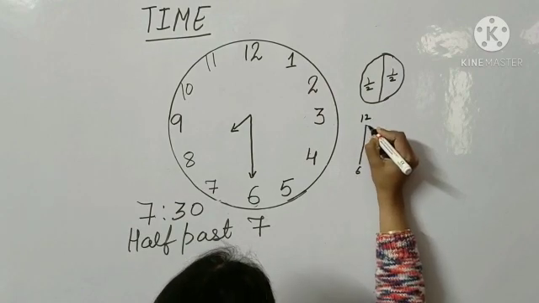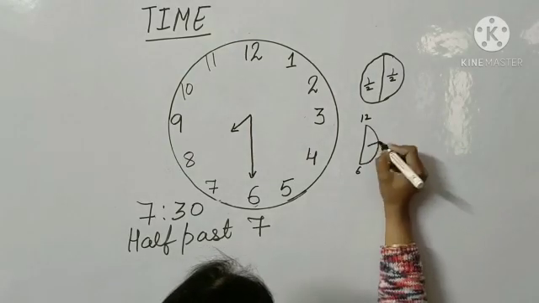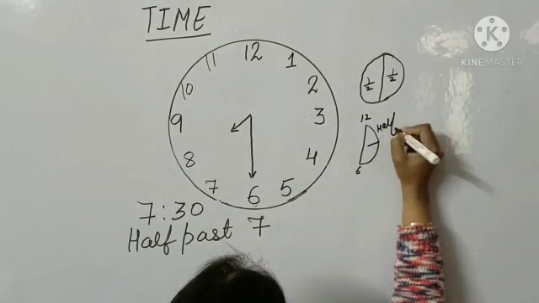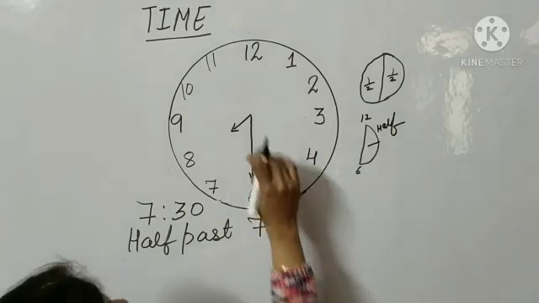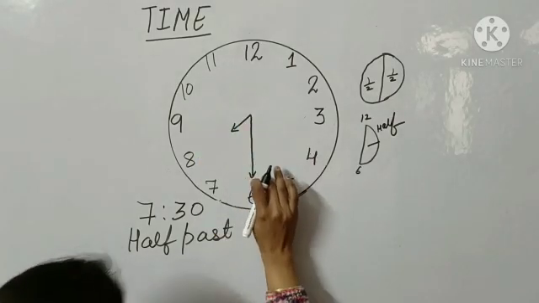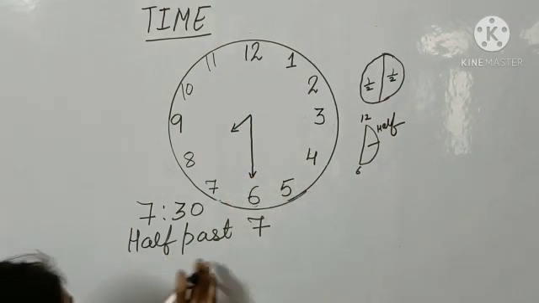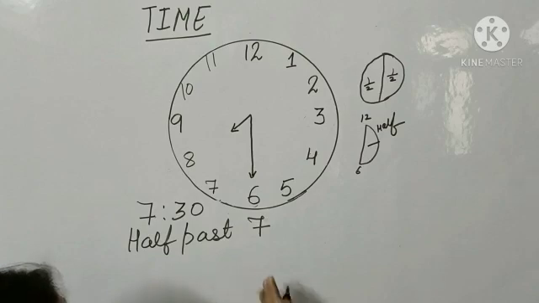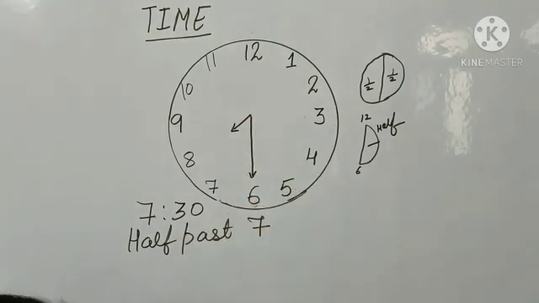Now a half portion of the circle I have taken. So this is what? Half. That is why I am writing here half. That means when the minute hand is at 6, I can write the time half past. This half past word itself is telling that the minute hand is at 6. Understood? Clear to all?